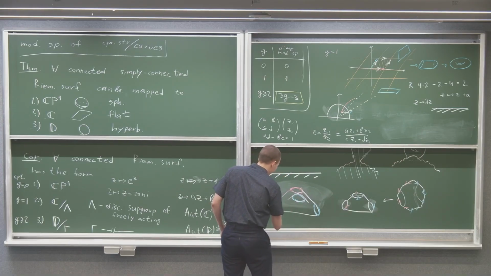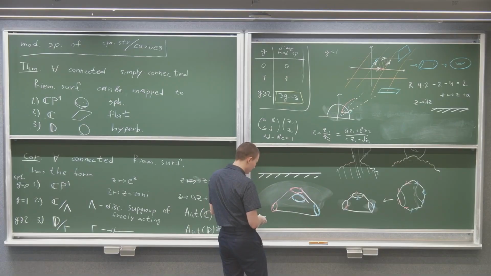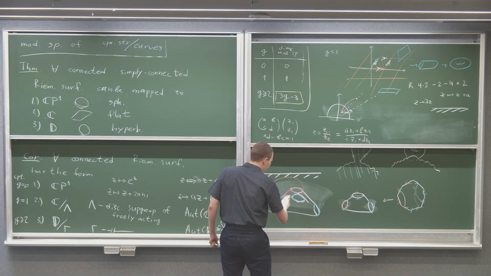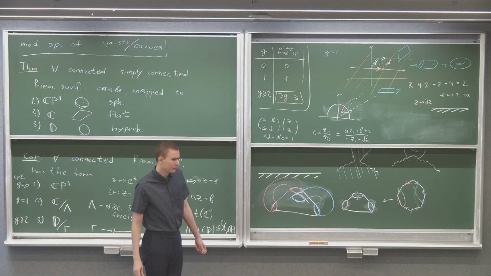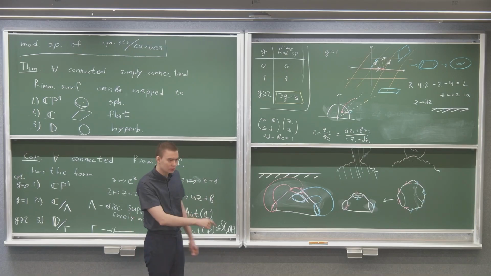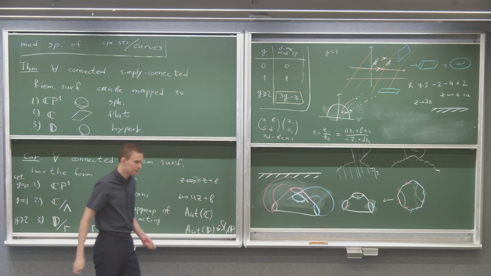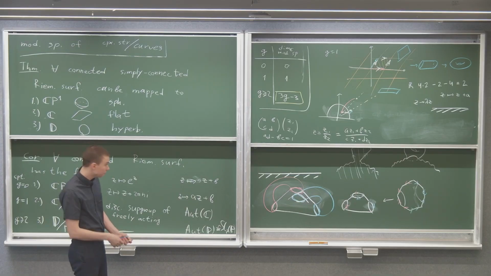And we can see that when we do it in this fashion, this is precisely what we get, a sphere with two handles. Sorry about the confusion. Now it's correct. All right?